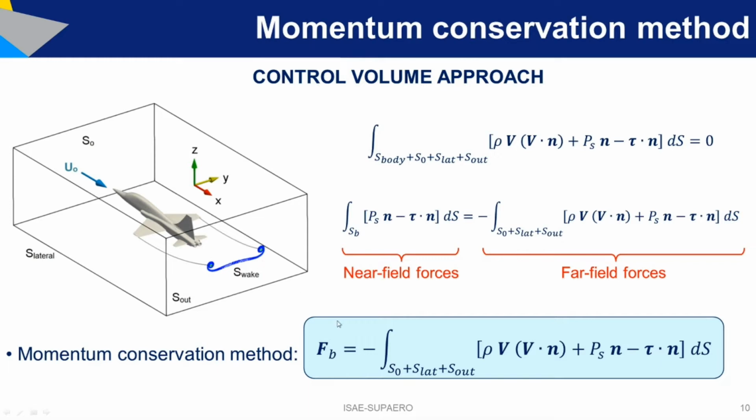That is, instead of performing this integral on the total external surfaces, we will just perform this calculation only on the outlet section. We will find a way to get rid of the lateral external surfaces and the upstream external surfaces. So let's go for it.